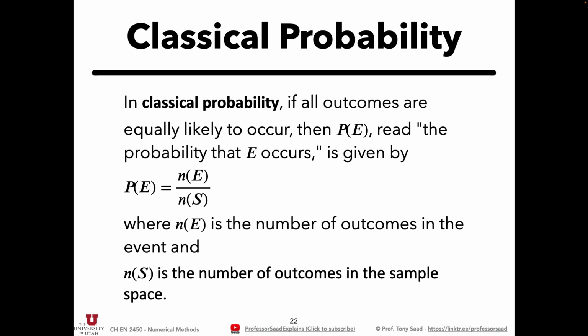So S here is the sample space. That's why we started by defining the sample space. It's important. You need to know what the contents of your sample space are and how many items are in it. Okay? So N of S gives me the total number of outcomes in the sample space. N of E gives me the total number of times this event occurred in my sample space. That's the same thing as the experiment you ran, except that in classical probability, you're not running the experiment 1,000 times or 1,000,000 times.